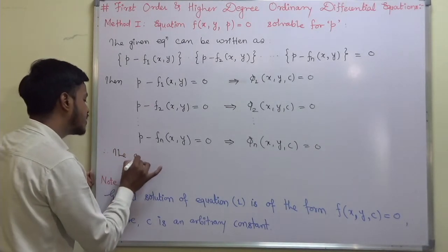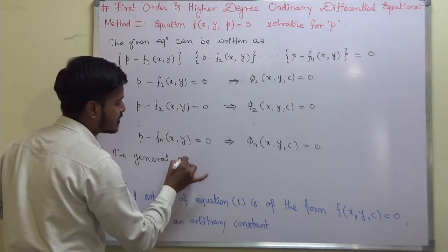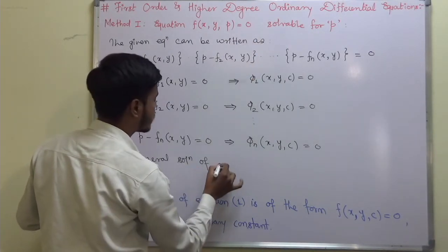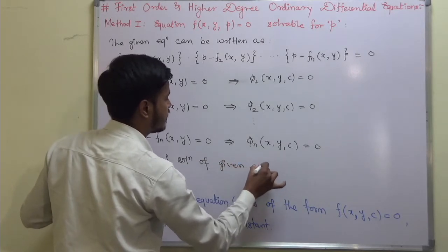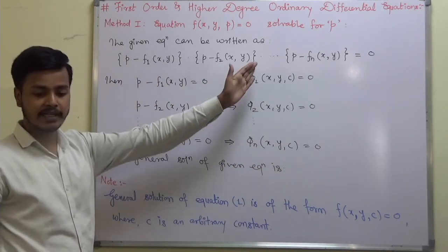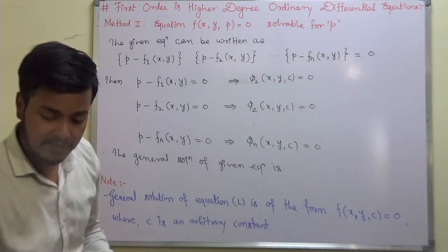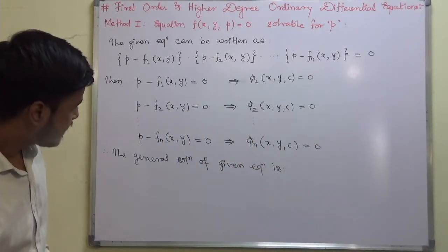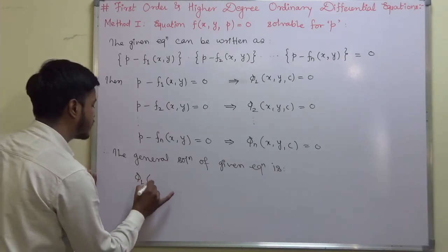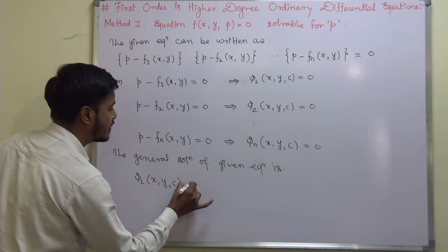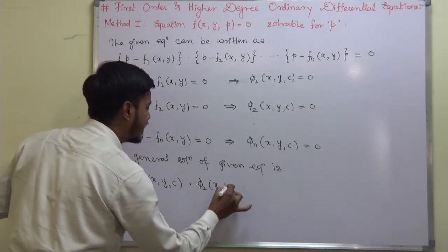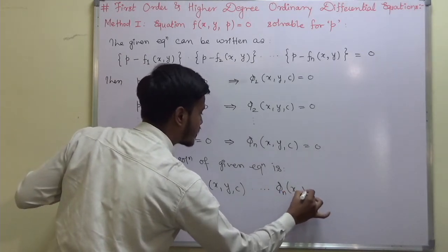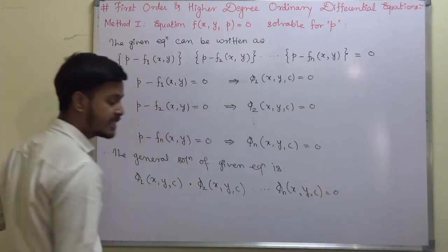Therefore, the general solution of the given equation 1 is written in terms of multiplication: phi 1 of xyc into phi 2 of xyc into phi n of xyc is equal to 0, right?